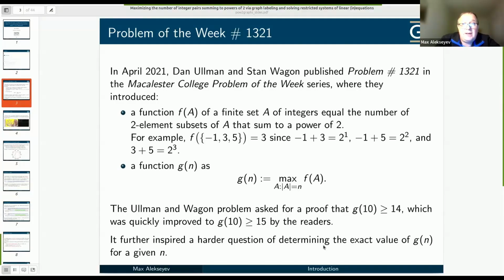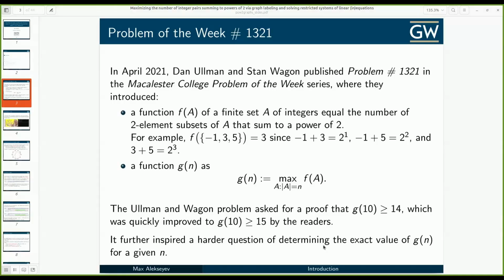Basically, this function considers all possible pairs of the numbers from a given set and checks how many of them sum to a power of 2. Here is a small example in which we have three numbers, -1, 3, and 5. If we sum up different pairs of those numbers, we get that, in fact, all the pairs give us powers of 2. And so the value of the function is 3 on this small set.